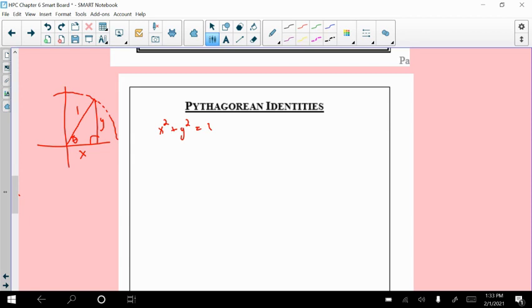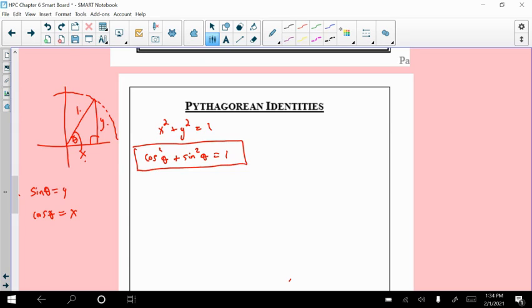But if I think about a trig ratio, the sine of theta is equal to y over 1, so that's just y, and the cosine of theta is equal to x over 1, which is x. I can replace x squared with cosine squared of theta, and y squared with sine squared of theta, equals 1. And that's the Pythagorean identity you probably saw last year.